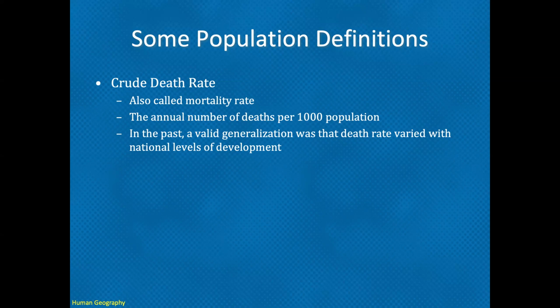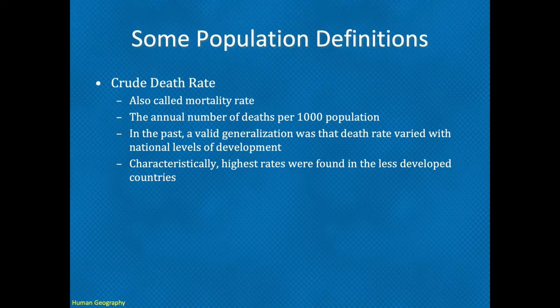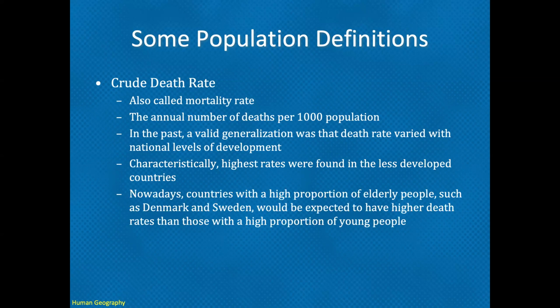Europe. Okay. Again, characteristically found in lesser developed countries, but that is really no longer the case. Places like Denmark and Sweden and Germany and the United States and Canada and Japan are going to be having higher and higher death rates as their populations continue to age.